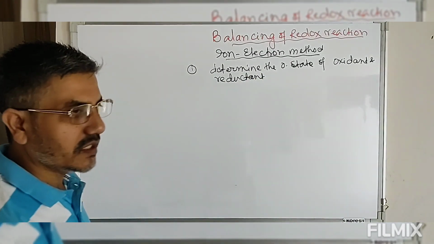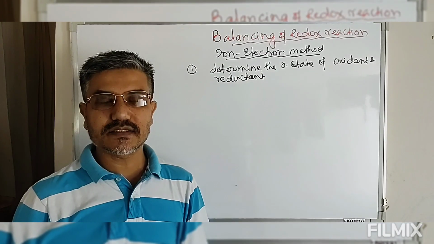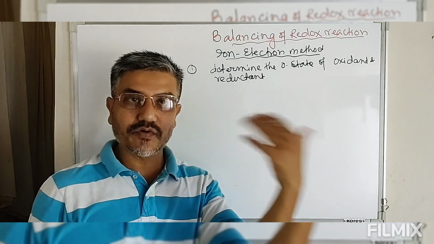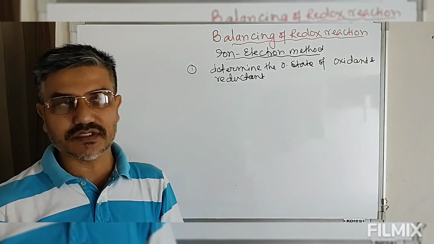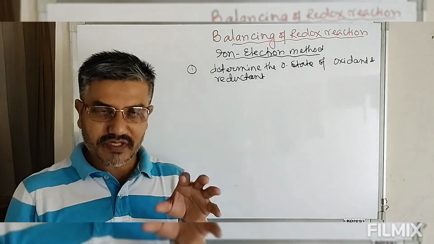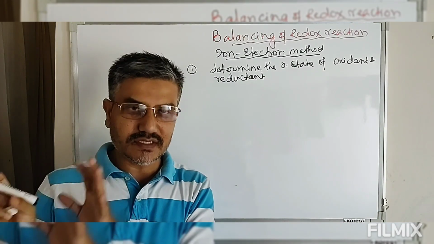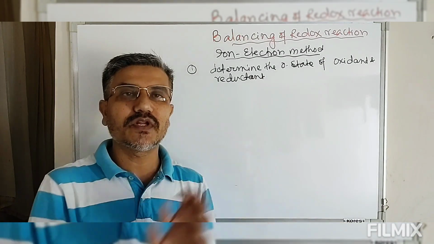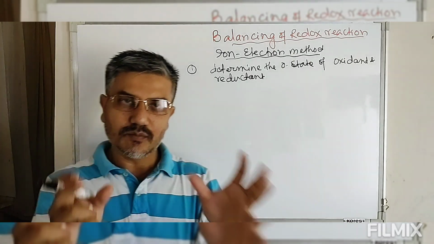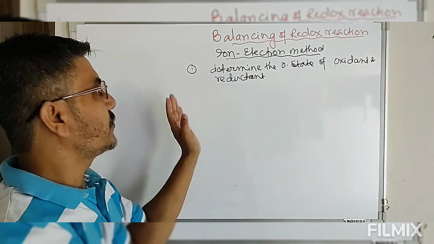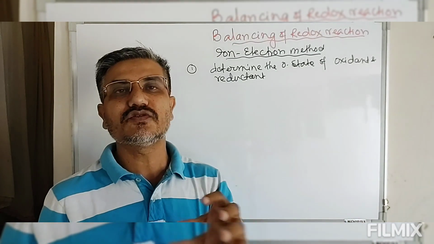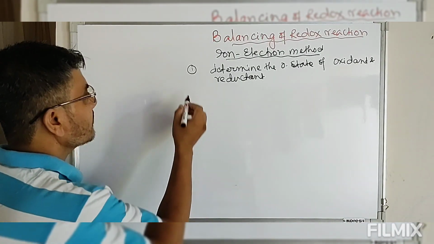That means in the given skeleton reaction, we have to find out the oxidation state of the component which is undergoing oxidation and which is undergoing reduction. This can be defined when we write the oxidation state of the components in the reactants as well as the products. Only then can we summarize which particular component is undergoing oxidation, and which component is undergoing reduction. So we have to determine the oxidation state of the oxidizing agent, the oxidant, and the reducing agent, the reductant.